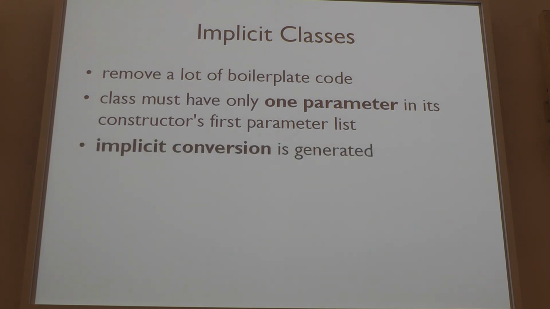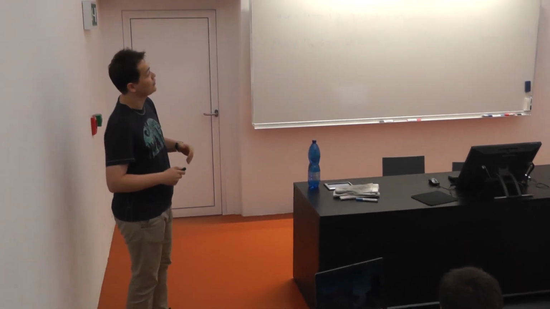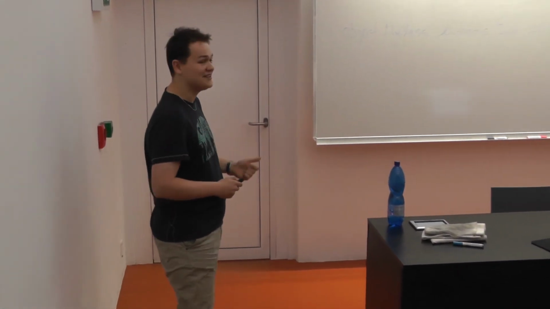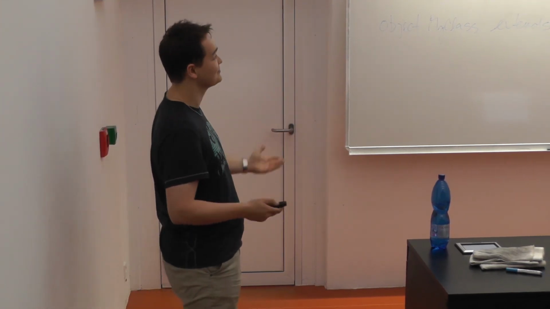And the implicit conversion from the parameter of your constructor to your class is automatically generated for you. And this is often used with your value classes. So if you create a value class and you also mark it as implicit, you get the type safety, you get the performance, and you also don't have to write the implicit conversion. So you get everything.